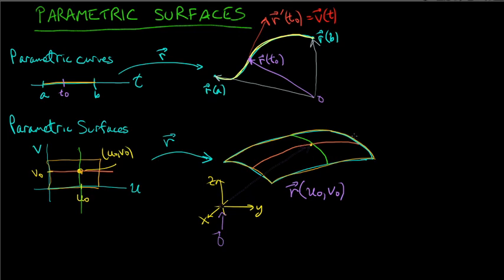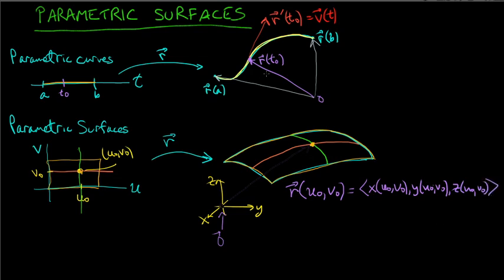Then at the intersection of the red curve and the green curve here, you have your point, but again, it's three components, three coordinates. So x evaluated at u0 and v0, y evaluated at u0 and v0, and z evaluated at u0 and v0.